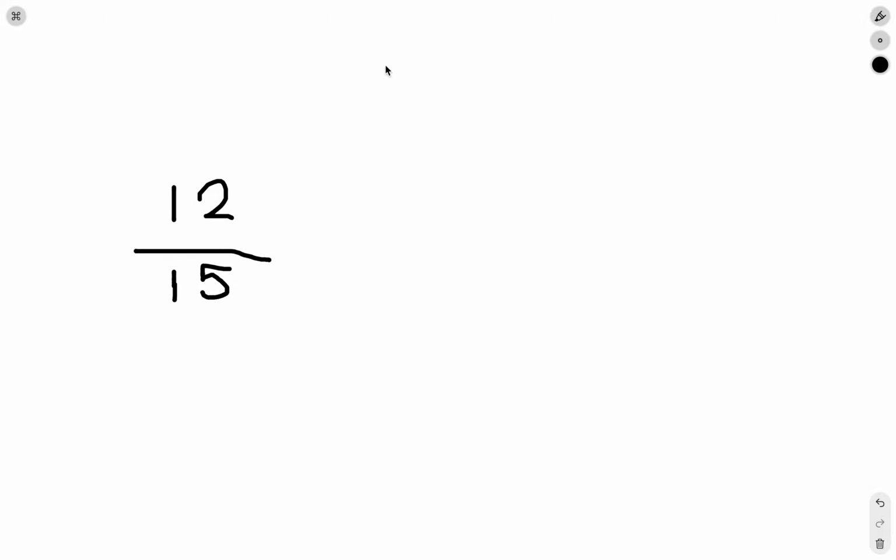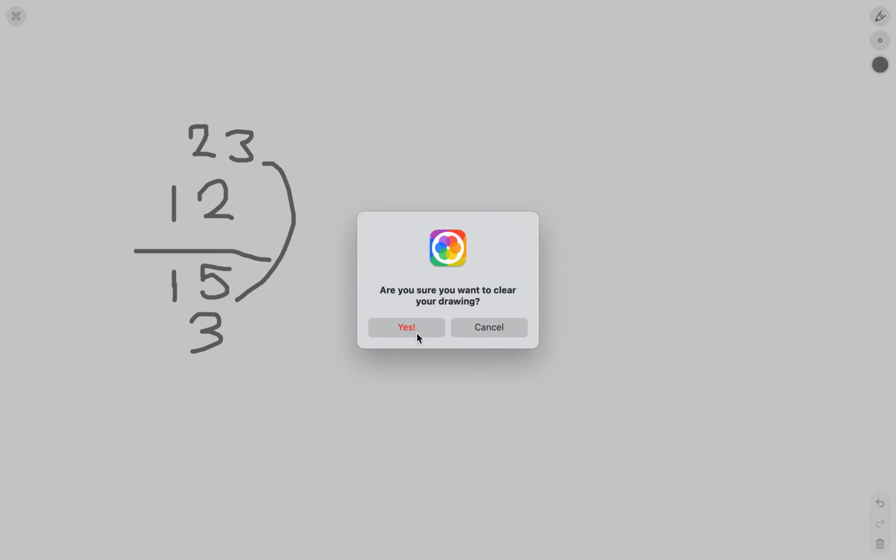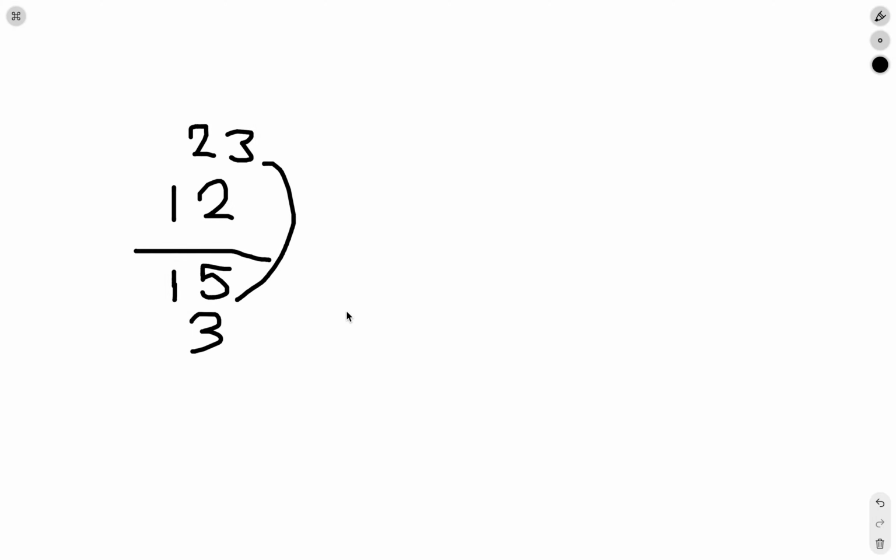So what do they both go into? 12 goes into 2 and 3, but 15 only goes into the 3's. So we can divide them both by 3. So how you would do it, obviously you would just divide both the numerator and the denominator by 3.